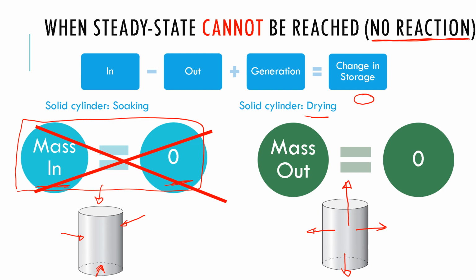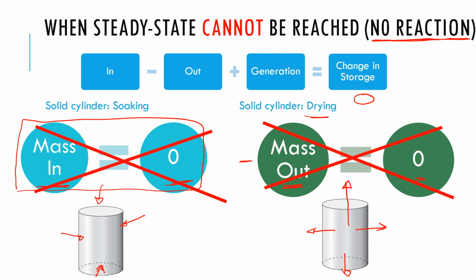There's no in term here, it's only out and 0, which is again not possible because this out term, and even if you put in a negative sign before that, this negative term cannot equal 0. Thus, these are two of the situations where steady state simply is not possible.